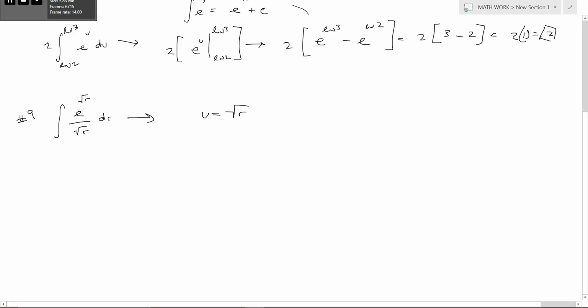Now, the beauty of that is that when we differentiate u, that's 1/2 r to the negative 1/2.